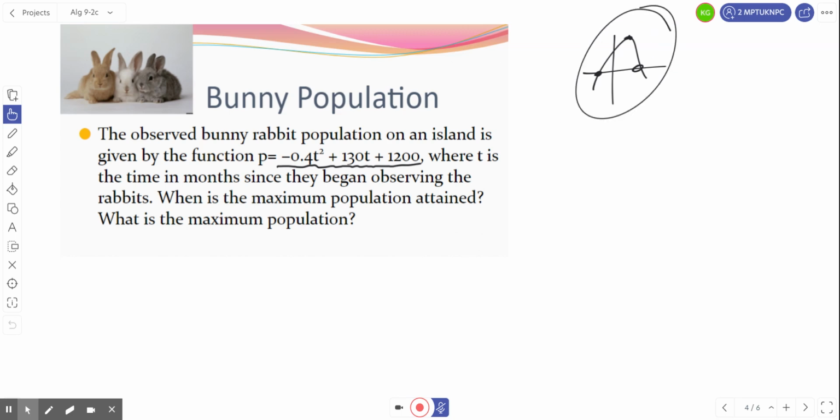So our graph will look something like this. This y-intercept is going to be that 1200. We want to know what are the coordinates of the vertex. So of course we need to find that line of symmetry. Make sure you use your equation, x equals negative b over 2a. And good luck, and then I'll see you with the solution in just a second.